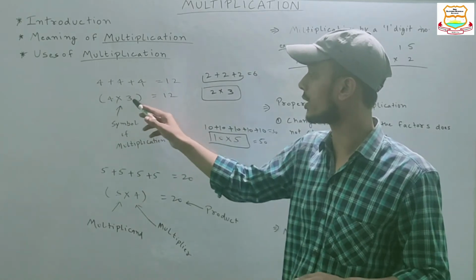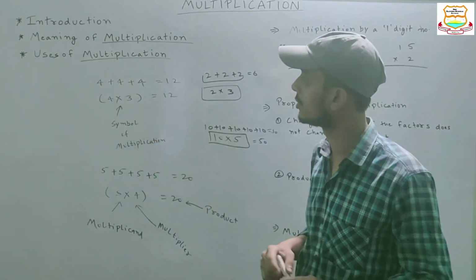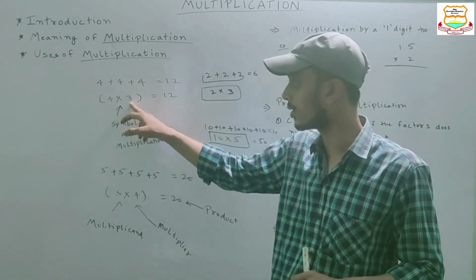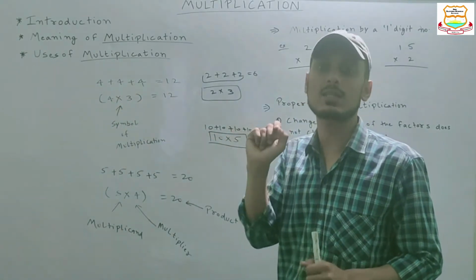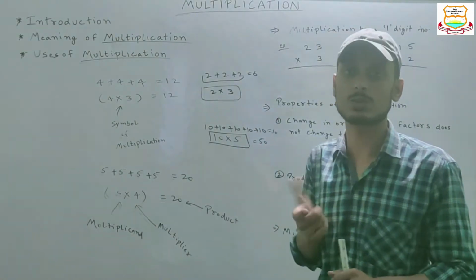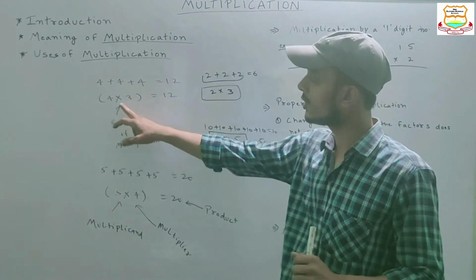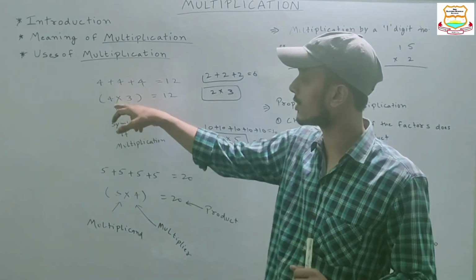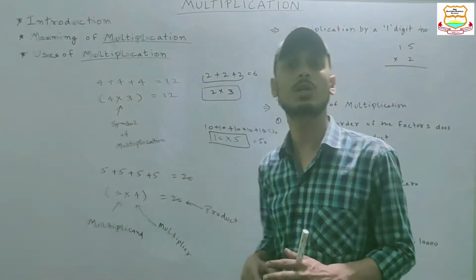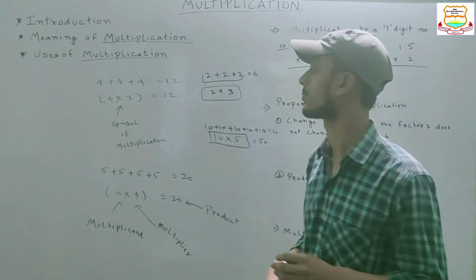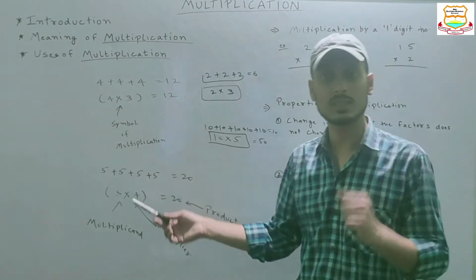So 4 into 3 equal to 12. We can also read it as 4 multiplied by 3, or 4 into 3. This cross, this X symbol is the symbol of multiplication. Got it? Yes. Now let us see another example.